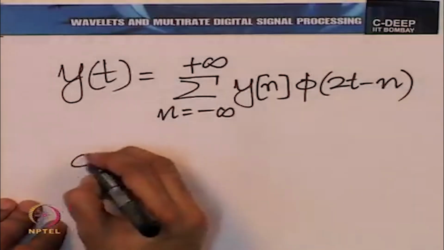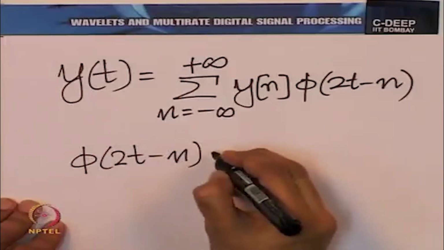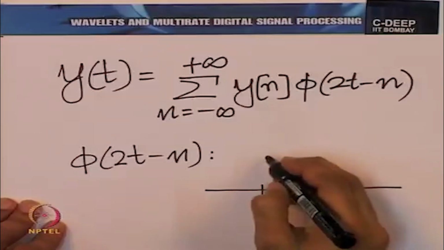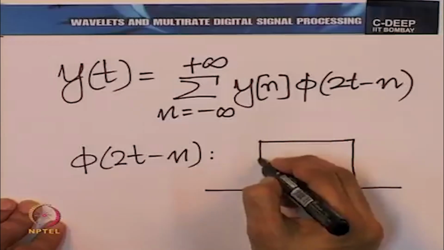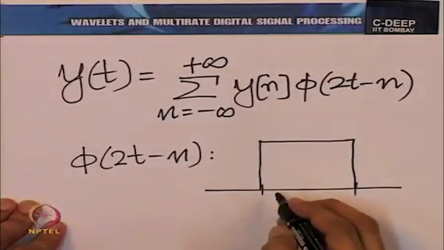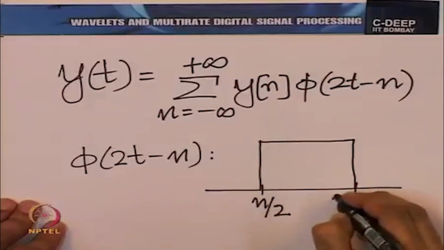Recall that phi(2t minus n) looks like this. It was 1 over a half interval defined by n by 2 to n plus 1 by 2.